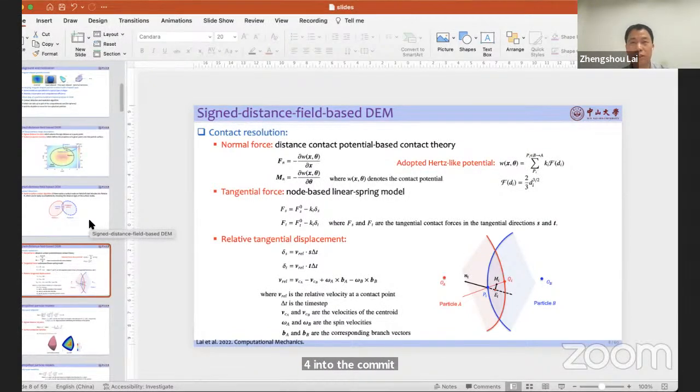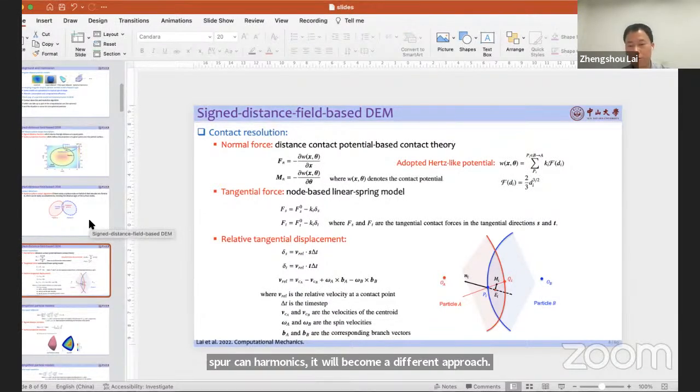And if we use other particle models like spherical harmonics, it will become a different approach. Based on computational performance, the level set requires much more memory, but it is computationally very fast. For other particle models like spherical harmonics, we need very little memory, but it is more expensive.